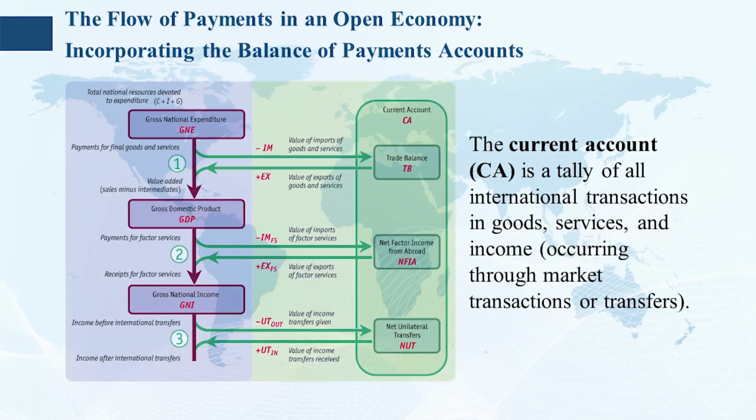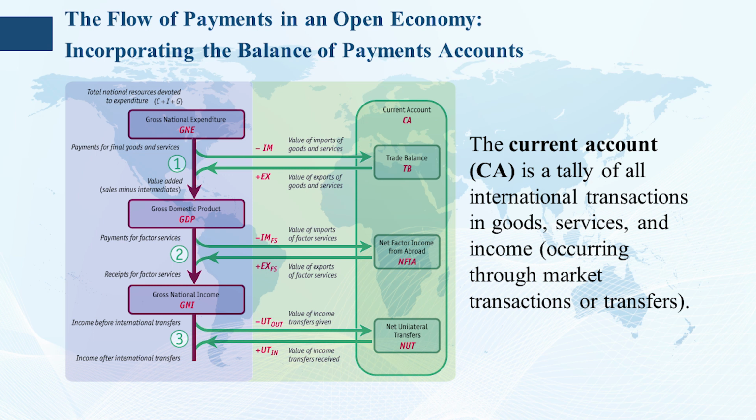The balance of payments accounts collect together the trade balance, net factor income from abroad, and the net unilateral transfers, and report their sum as the current account, an important tally of all international transactions in goods, services, and income that occurs through market transactions or transfers.